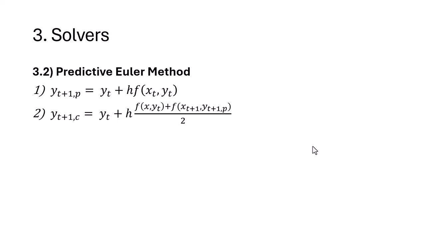And then by applying the correction method, we have y t plus 1 c equals y t plus h times f of x t, y t, which has been calculated before, plus f of x t plus 1 and y t plus 1 p. y t plus 1 p is basically what we got from step 1, and the whole thing divided by 2.